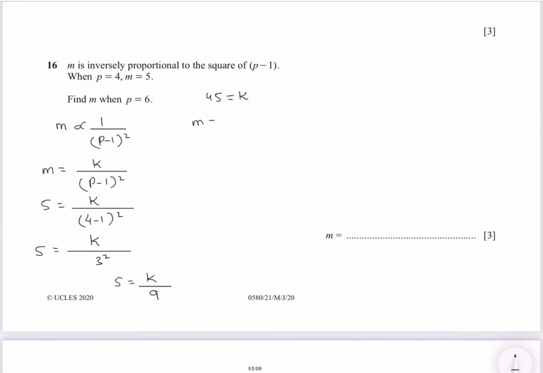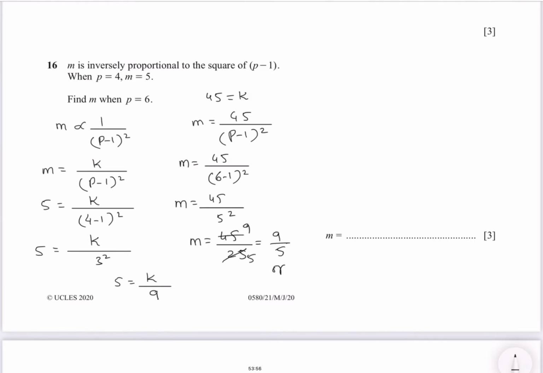So your formula becomes M equals 45 over P minus 1 whole squared. Now from here you can find M when P is equal to 6. So your M is 9 over 5 or 1 whole 4 over 5.